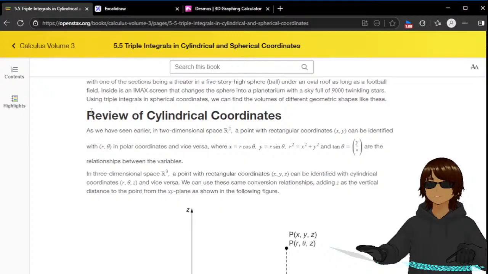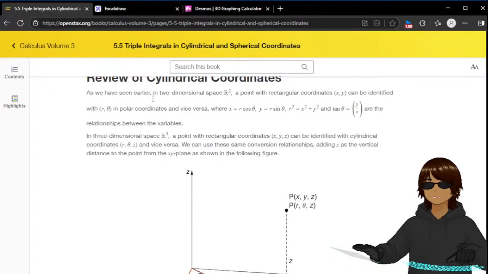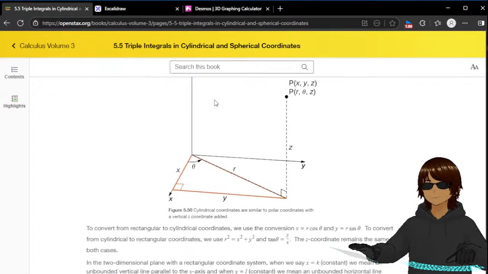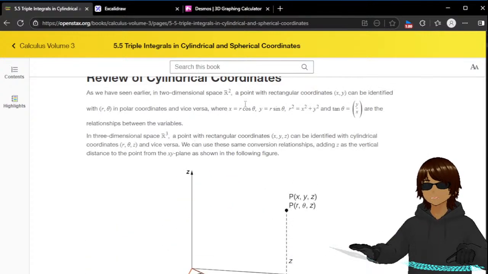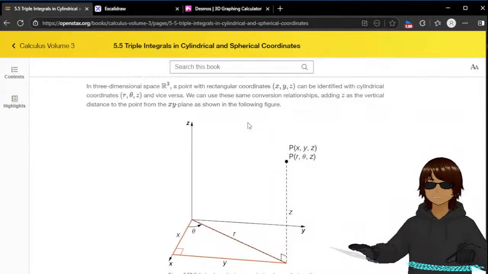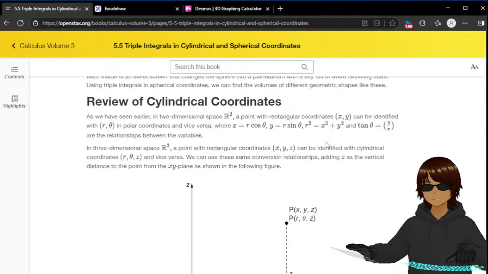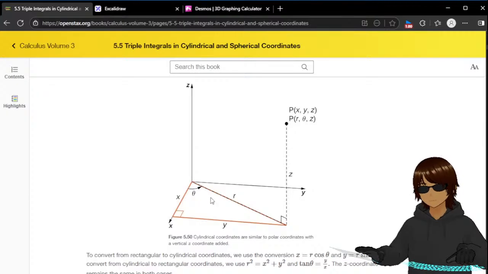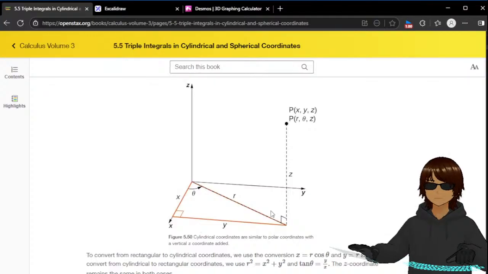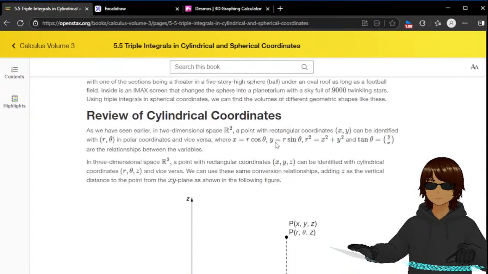Review cylindrical coordinates. As we have seen earlier in two-dimensional space, a point with rectangular coordinates xy can be identified with r and theta in polar coordinates and vice versa, where we have r cos theta, r sin theta, and r squared is equal to x squared plus y squared.